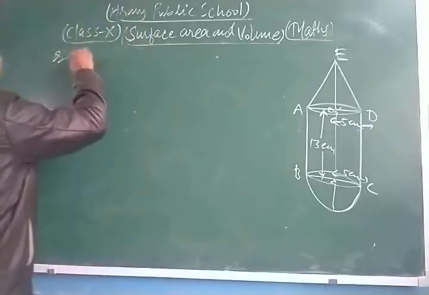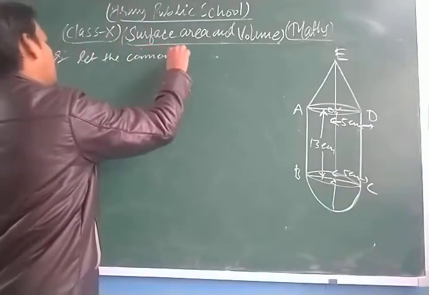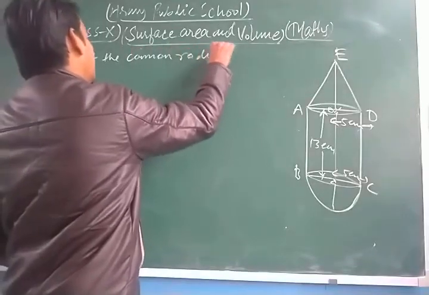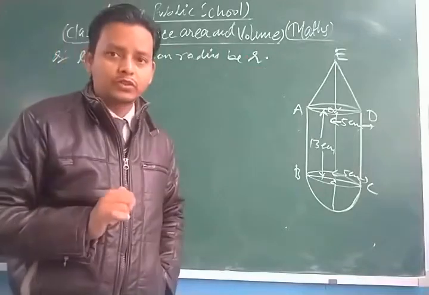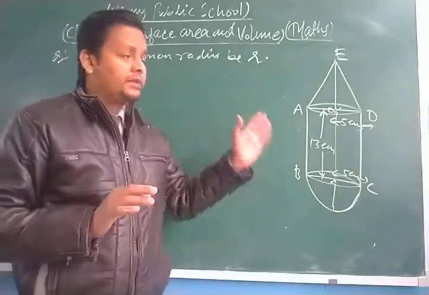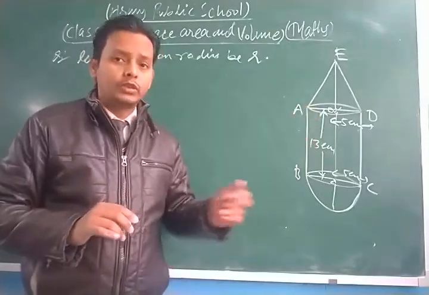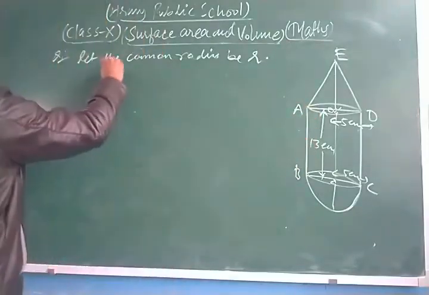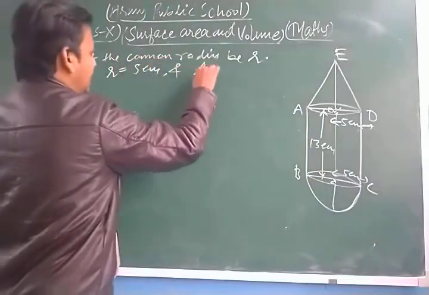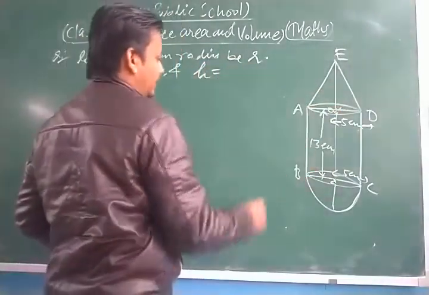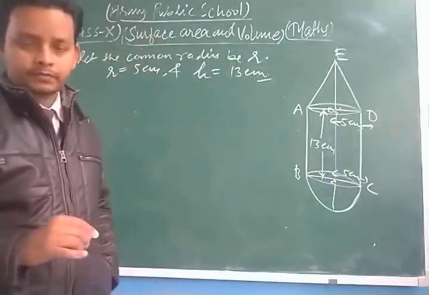So let the common radius be R, which is 5 centimeters, and the height of the cylindrical portion is 13 centimeters as given in our question.